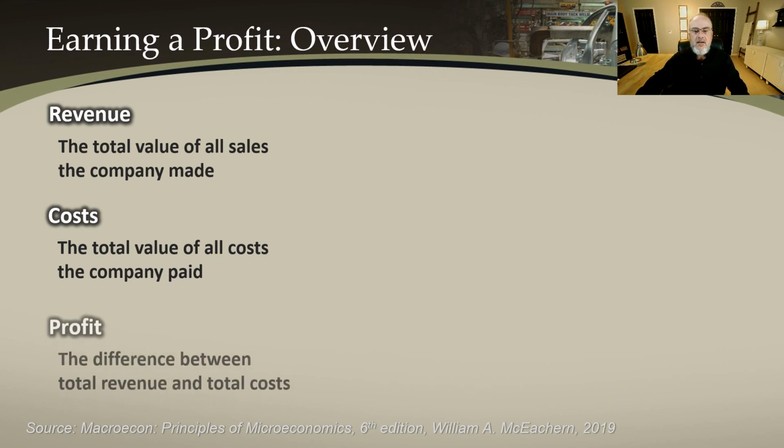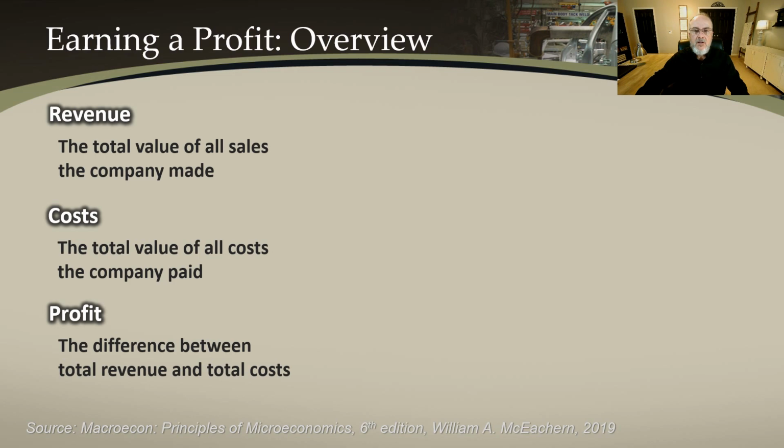And then when I subtract my costs from my revenue, then I end up with my profit. So profit is what is left after I take all of my costs out of the money that I brought in. And if I spent more in costs than I received in revenue, I have a loss. And if my costs are less than revenue, then I have a profit.